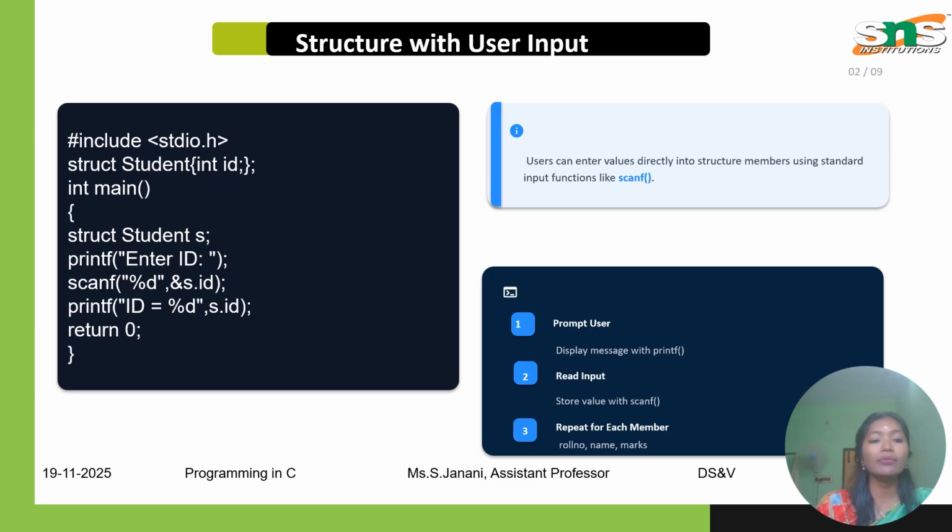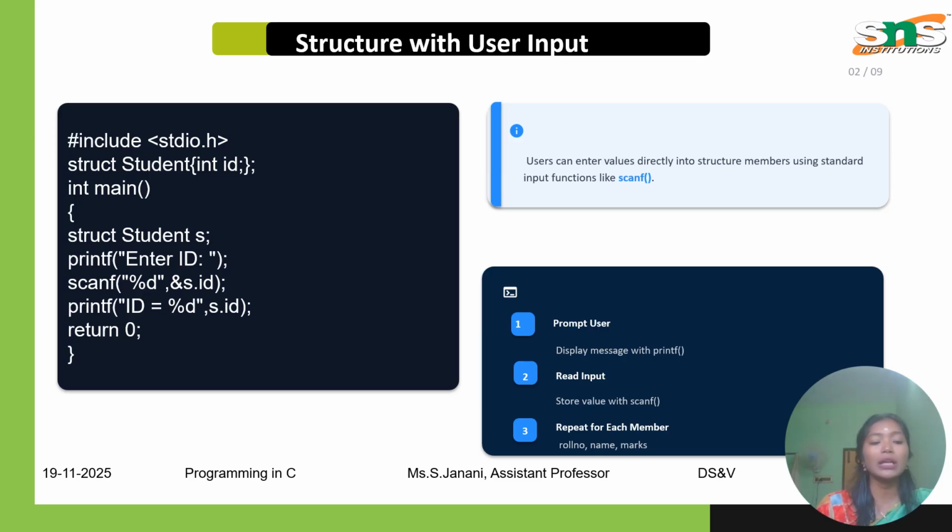In C, the struct keyword is used, and a structure is defined using the following syntax. In this example, the student structure has name, roll number, and ID, and we can also add more, such as marks for semester 1 and semester 2.